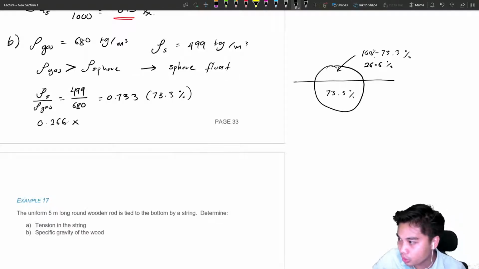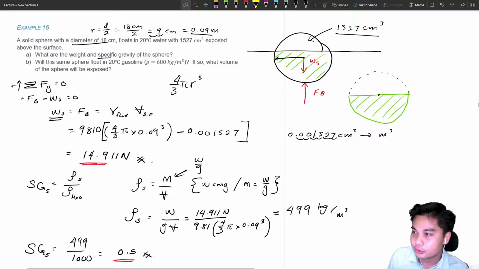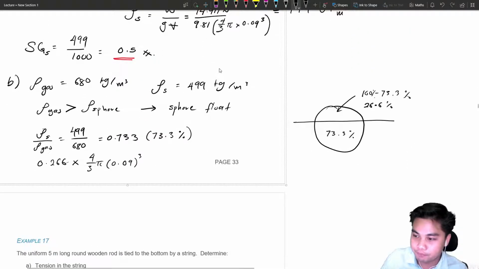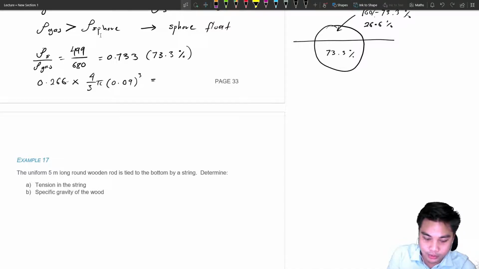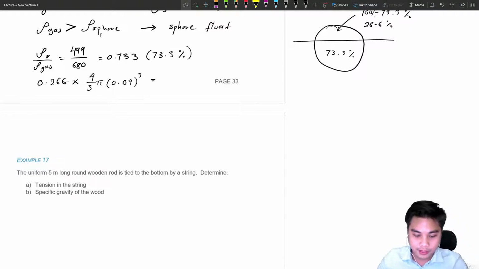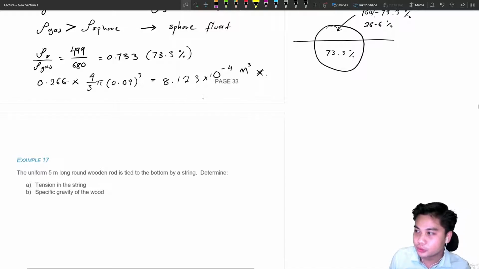We need to multiply this by the whole volume, which is 4/3 pi r cubed, where the radius is 0.09 meter. So we calculate 0.09 cubed times pi times 4/3 times 0.266, and the final answer is 8.123 times 10 to the power of negative 4 cubic meters. That is the exposed volume.